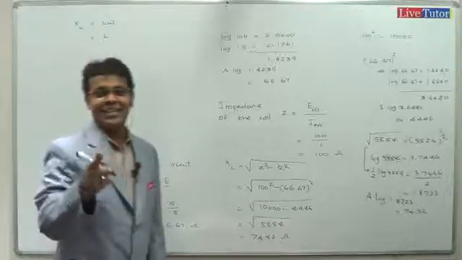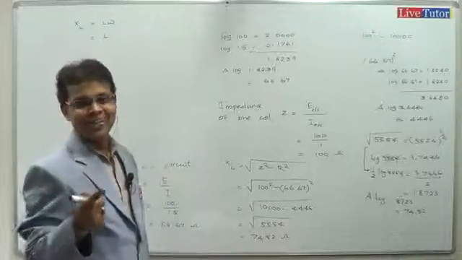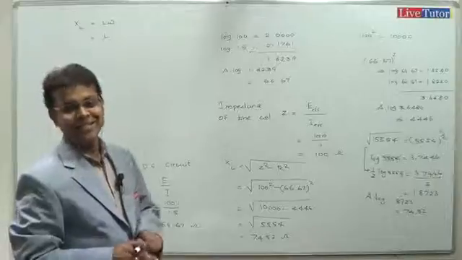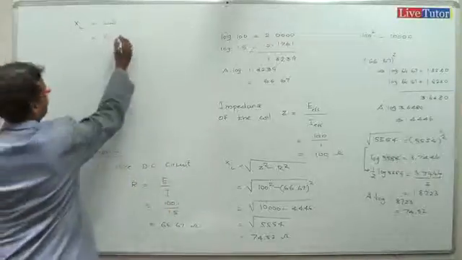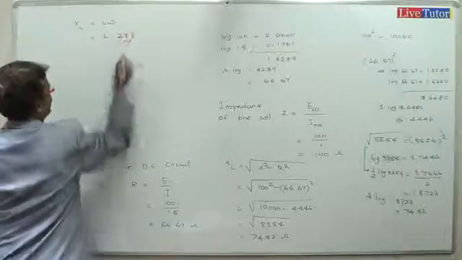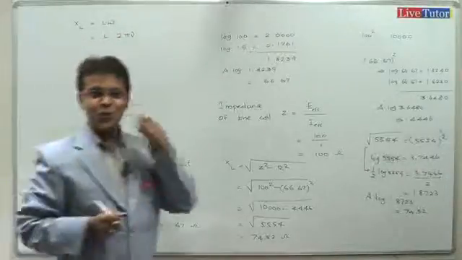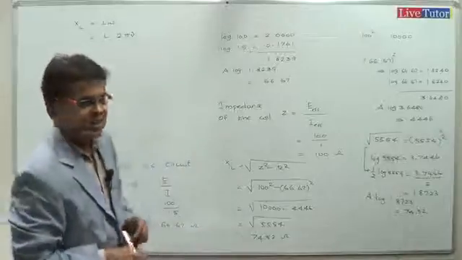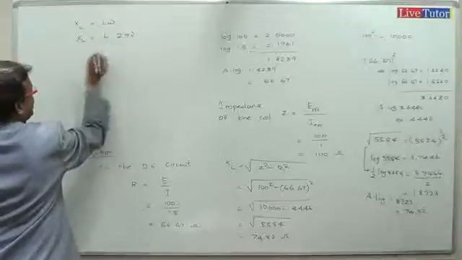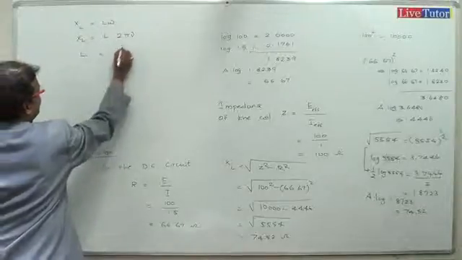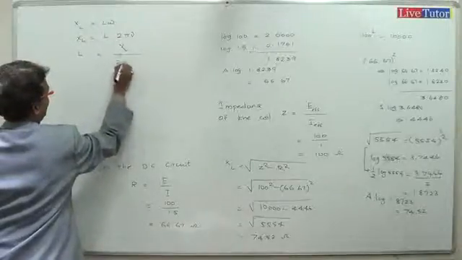Oh my god. See, omega is nothing but 2 pi nu. Omega is equal to 2 pi nu. Understand? Right. So XL is equal to L into 2 pi nu. From this we can say L is equal to XL by 2 pi nu.